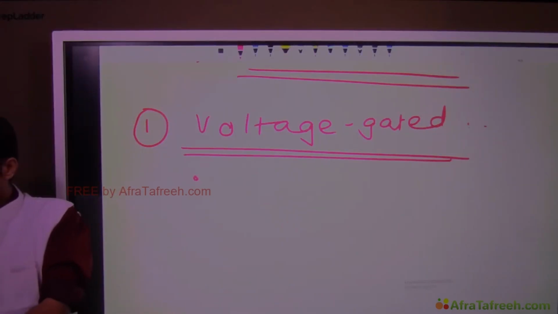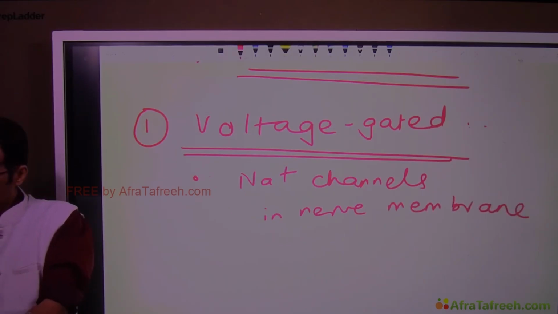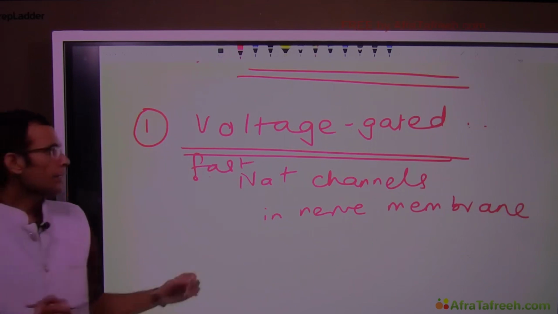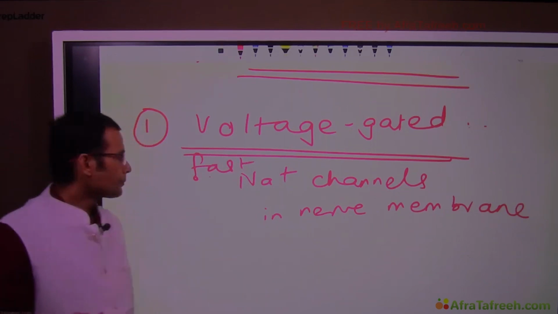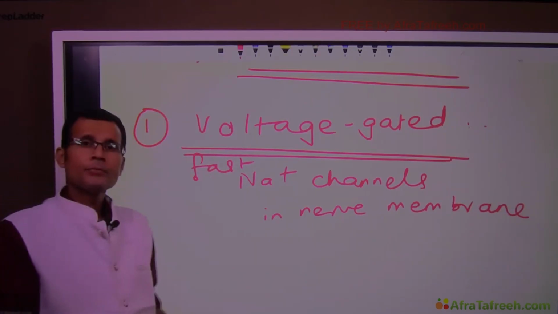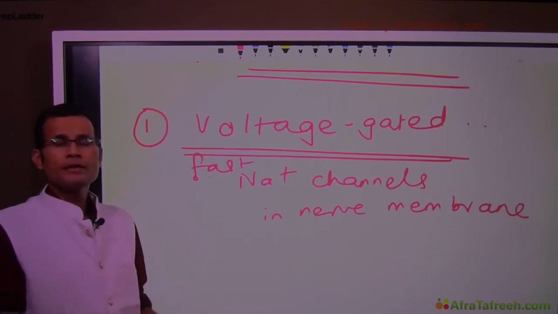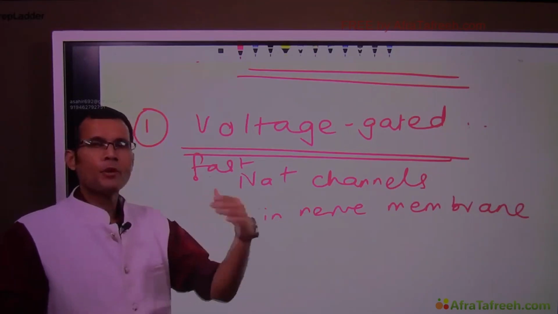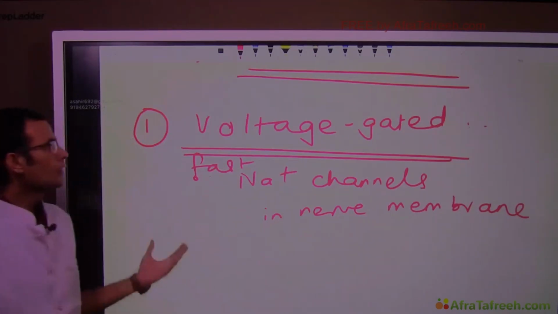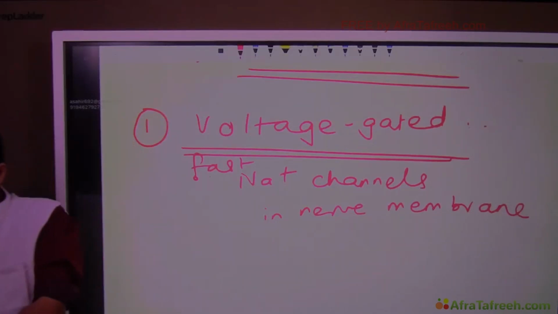Example, sodium channels in the nerve membrane, voltage gated fast sodium channels in the membranes of the nerves, which are responsible for depolarization of the nerves. These are voltage gated. They can open at a voltage of minus 70 millivolts, but they cannot remain open in a positive voltage. So these are voltage gated channels.